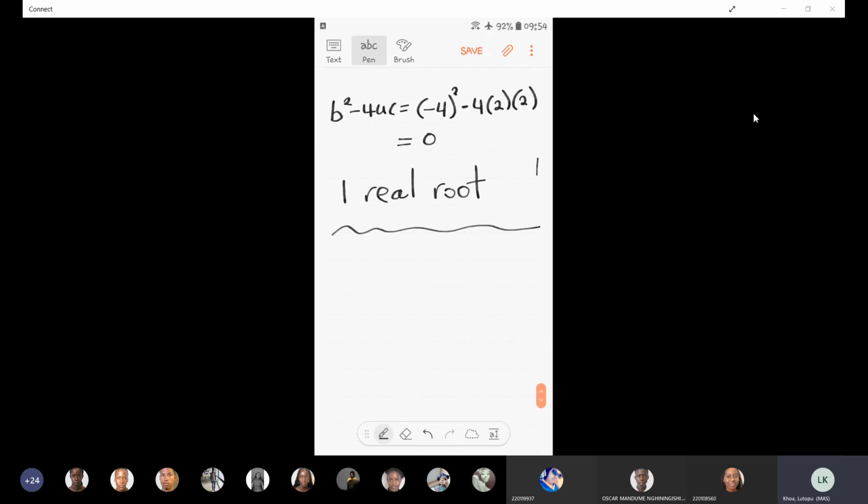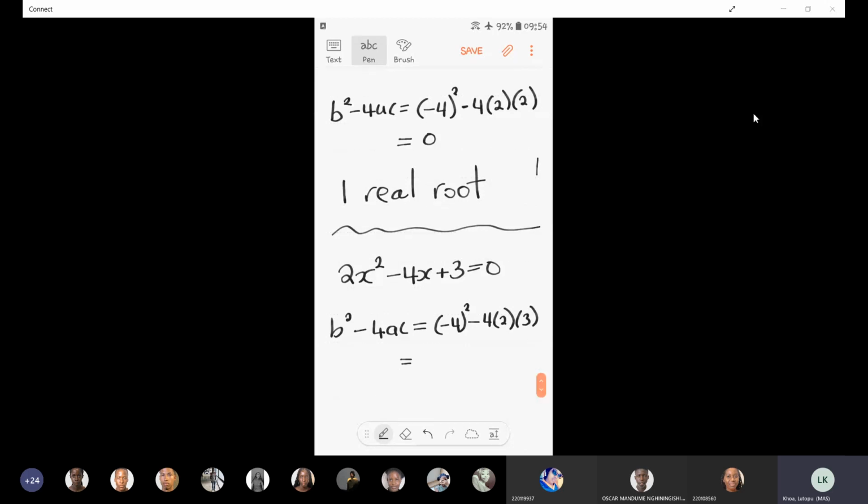And then the last one, we have 2x squared minus 4x plus 3 equal to 0. Then again, my discriminant, b squared minus 4ac, is equal to minus 4 squared minus 4 times a, which is 2, times c, which is 3.